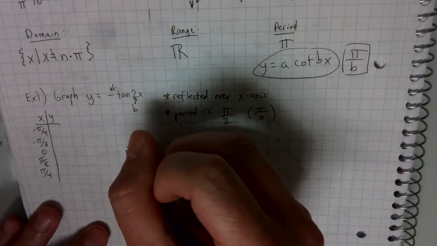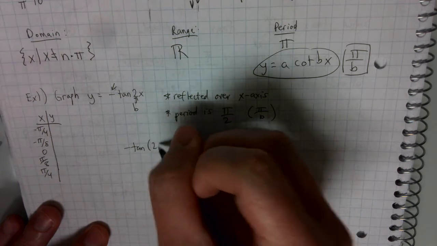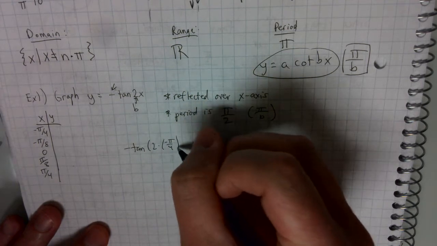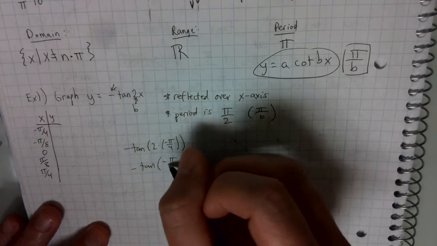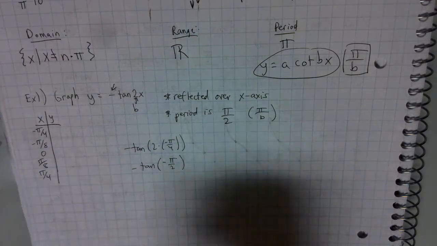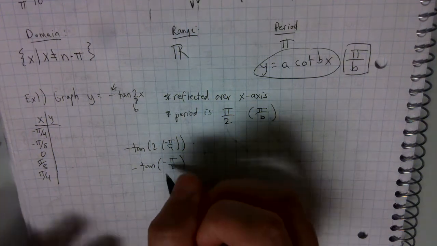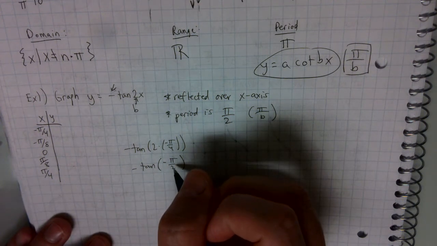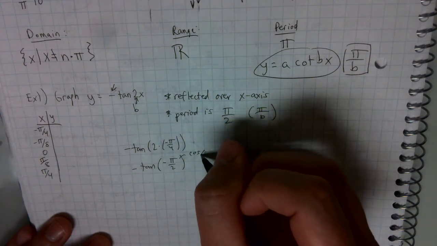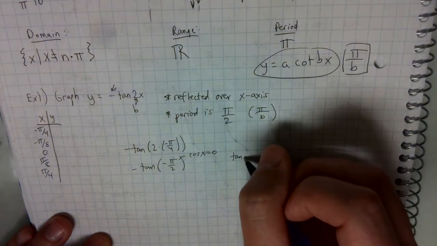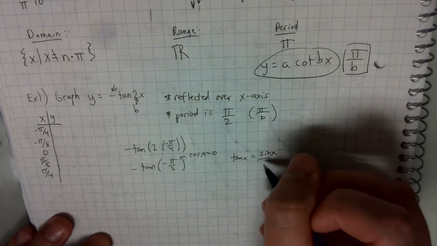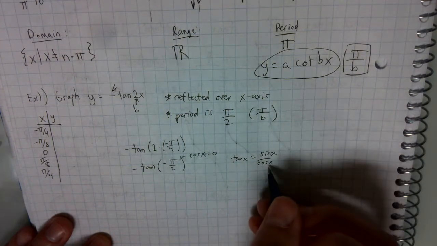So we're going to get the negative tangent of 2 times negative pi over 4. That turns into the negative tangent of negative pi halves. But we know that anytime we're at pi halves with tangent, that's no good because that's when our cosine is 0. And whenever cosine is 0 and tangent is sine x over cosine x, whenever that cosine is 0, we're no good.